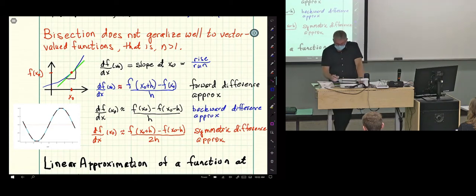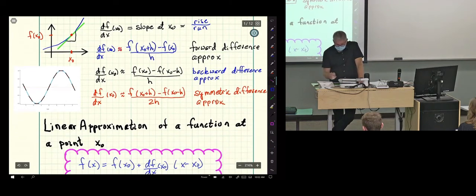We can do it with a forward difference approximation where we look at x0, we go forward by a small number h, and we compare that to f at x0. That's the rise, and then the run is h. We can do the opposite, start at x0, go backwards by h. That's called a backward difference approximation to the derivative.